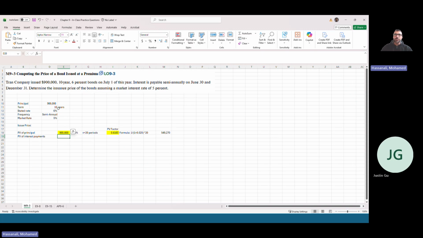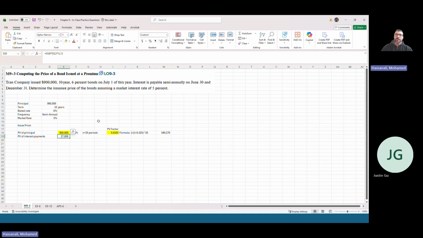We need to calculate the present value of interest payments. So our interest payments are going to be the principal of 900,000 multiplied by the interest rate, multiplied by 1 over 2 because we are paying semi-annually.